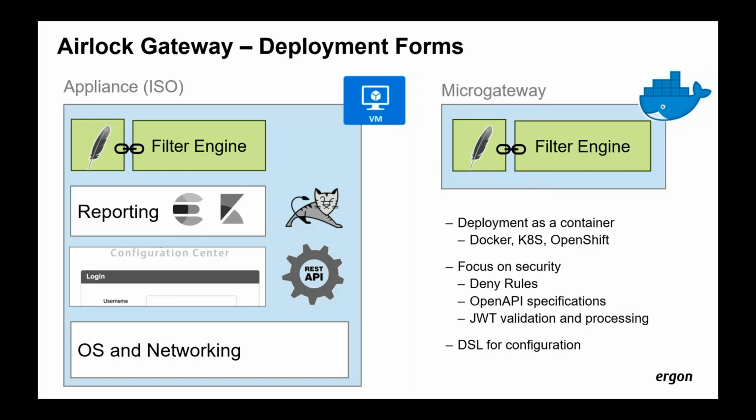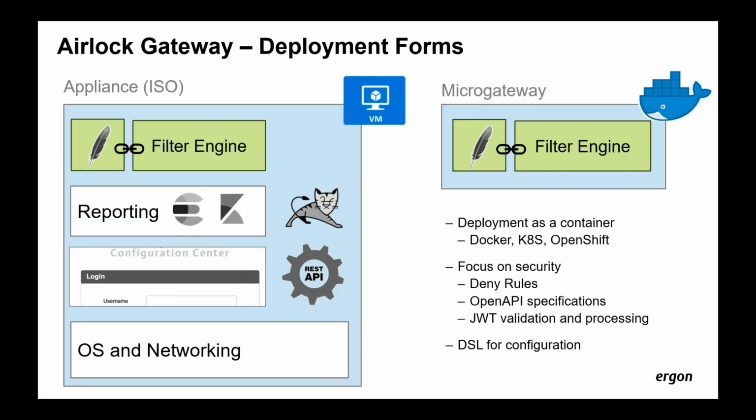This Microgateway can be deployed as a container, typically inside Docker. And of course, you can use Kubernetes and OpenShift to orchestrate those containers. What we did is focus on security. So you can work with the deny rules. You can use the OpenAPI specification.